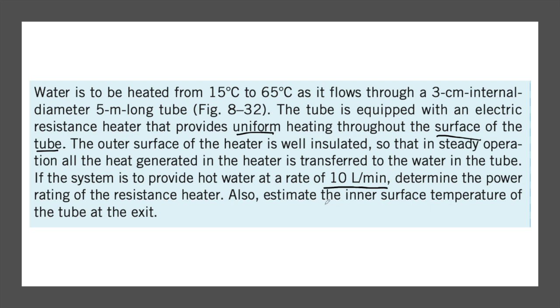The power rating is the same as joule per second, or in other words is watt. Therefore, in order for us to determine the power rating of the resistant heater, we have to find what is the Q, rate of heat transfer for this system.